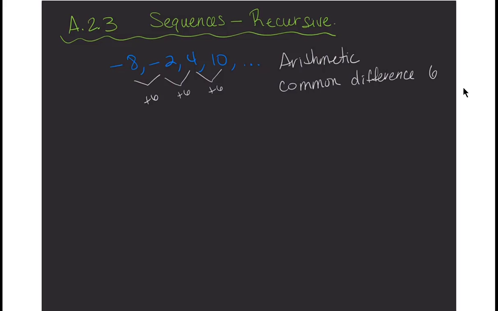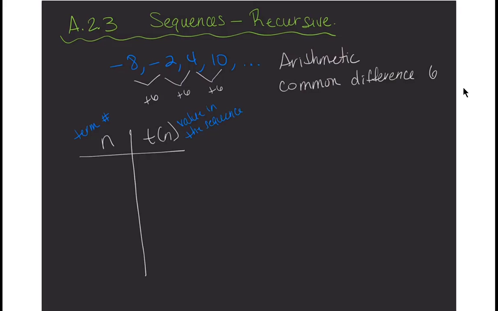So I can take my sequence and I can turn it into a table where I use n and then t of n, so it's just our notation. This tells us the term number, and this tells us the value in the sequence.